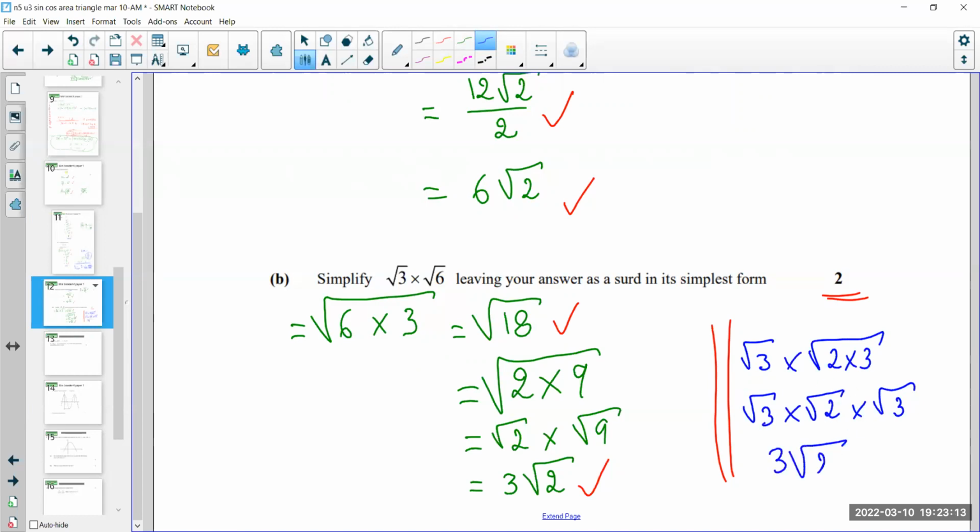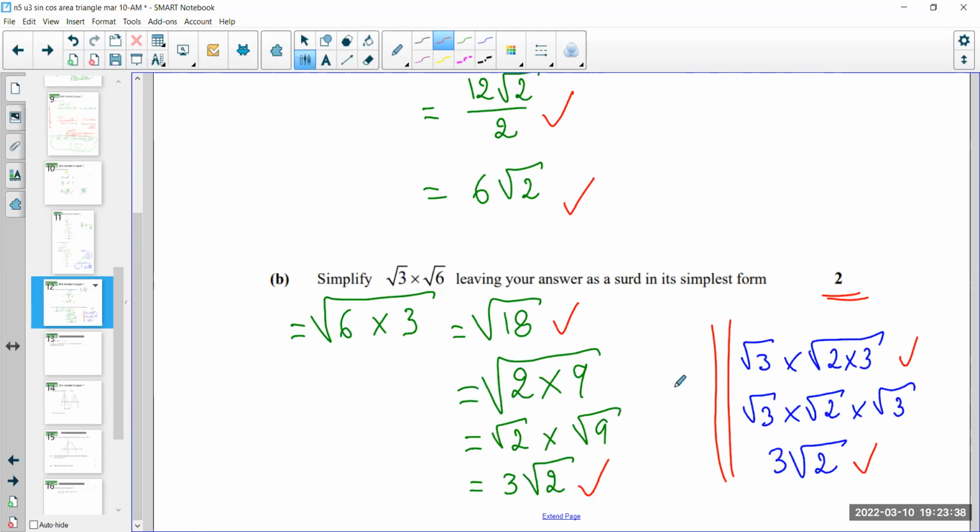And then you get your √2. So you could have got it this way rather than going the 18 way. Both are as valuable, as good. 1 mark there, 1 mark there. So remember there's more than one way to get your answers, but you need to find a way to get it.